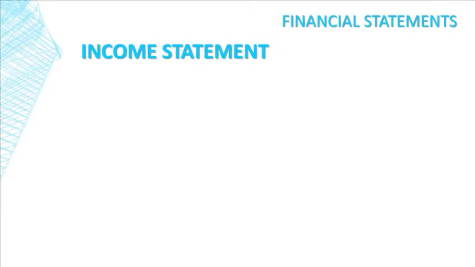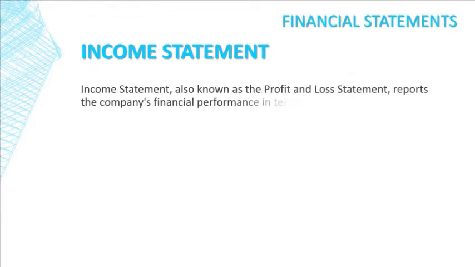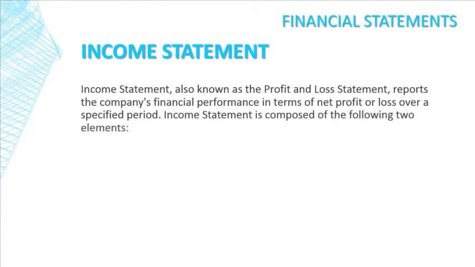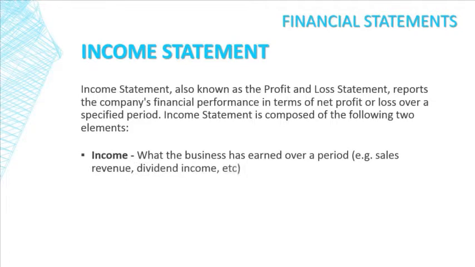Income statement. The income statement, also known as the profit and loss statement, reports the company's financial performance in terms of net profit or loss over a specified period. The income statement is composed of the following two elements. The income, this is what the business has earned over a period.